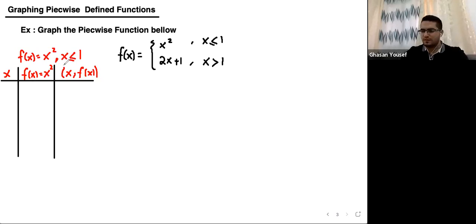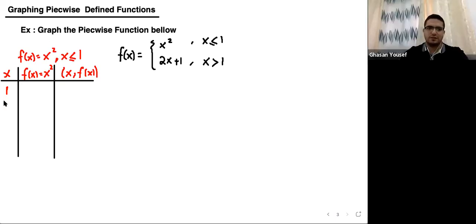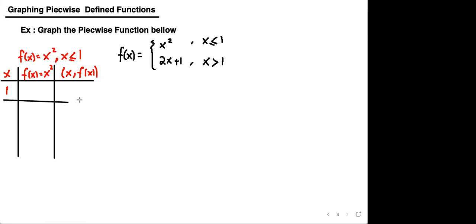Okay, so let's start from the point 1. So this is 1. Then choose any number less than 1. Can you give me the numbers less than 1? 0, -1. Exactly. 0, -1, and what else? -2.